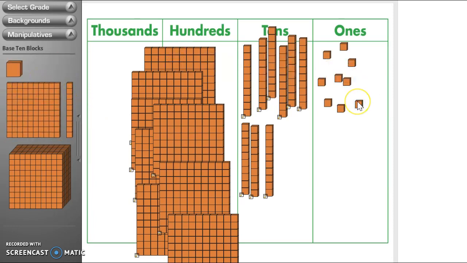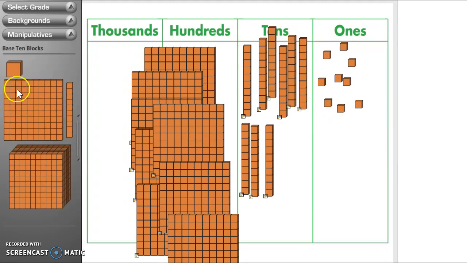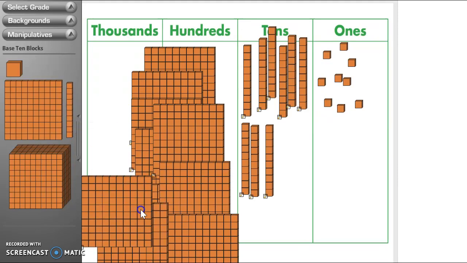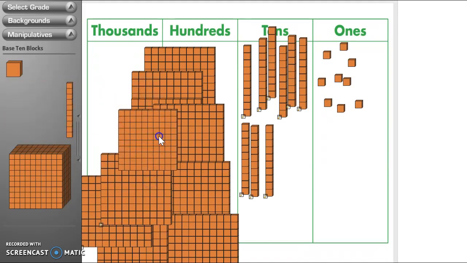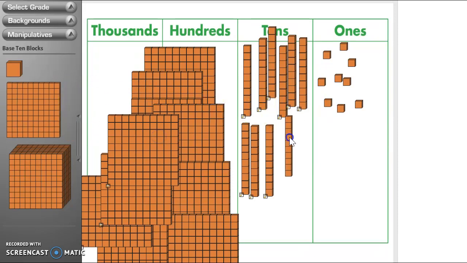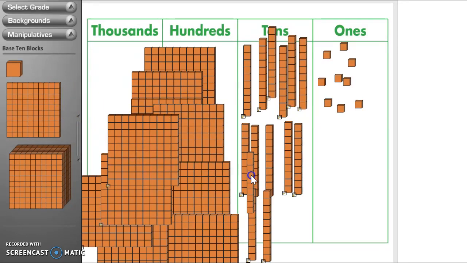And we need 454 for the almonds. 4 hundreds, then 5 tens, and 4 ones.